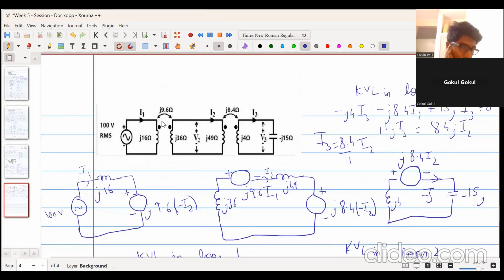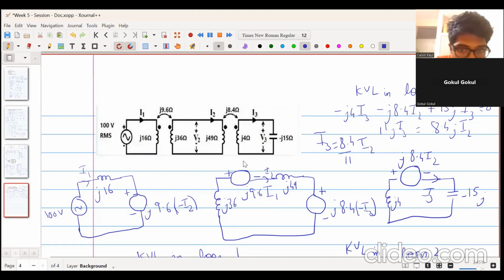No, actually, I made a mistake. What we must understand here is the inductance, right? At this dot is the positive terminal. This dot is the negative terminal. This is correct, actually. But this one at this dot, J 9.6 into I1.